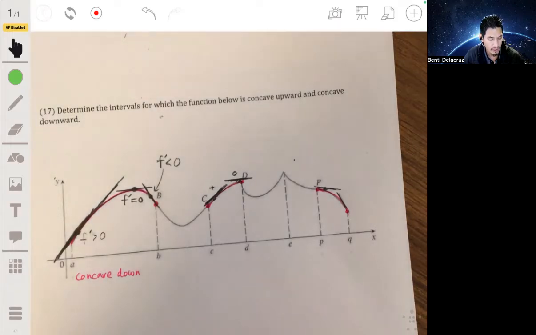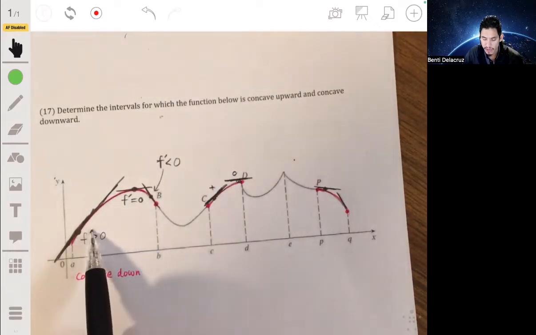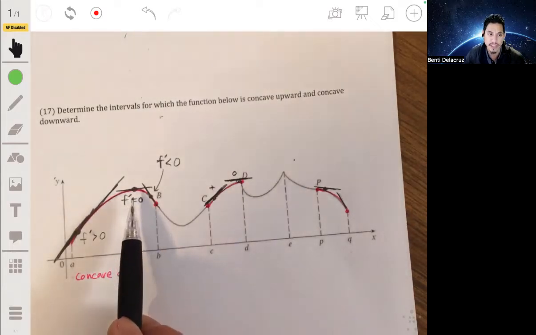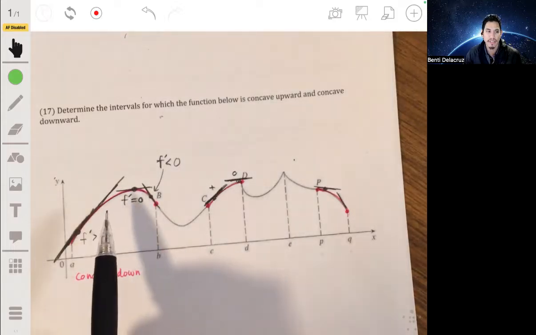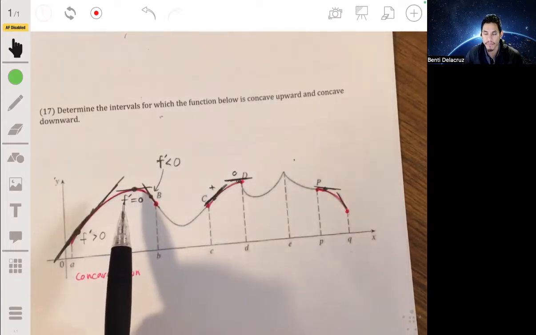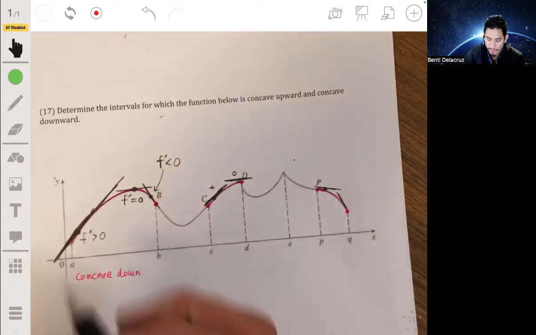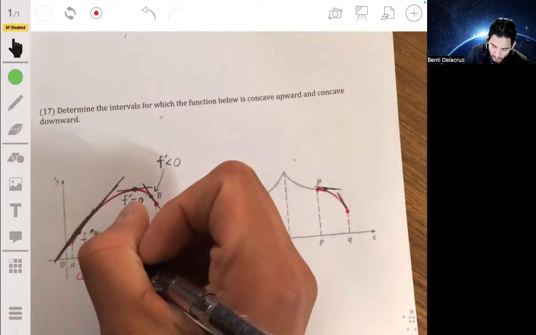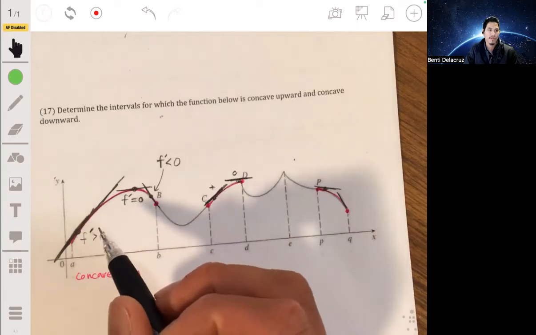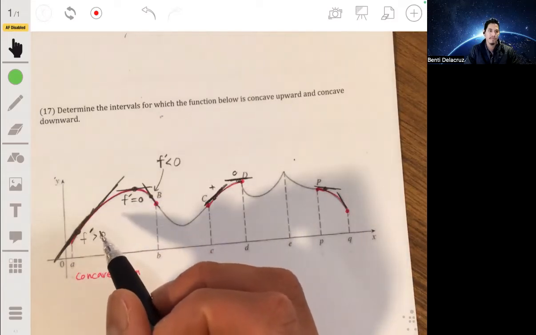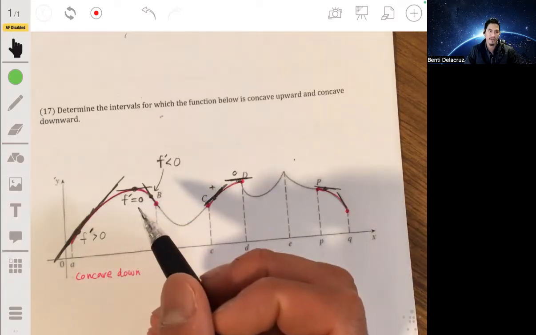Now, what does that mean in terms of what's going on there? Well, remember, the derivative describes how the function is changing. So when the function is increasing, the first derivative is positive. But now let's think about how the first derivative is changing. If we took the derivative of the derivative, we're talking about the second derivative.